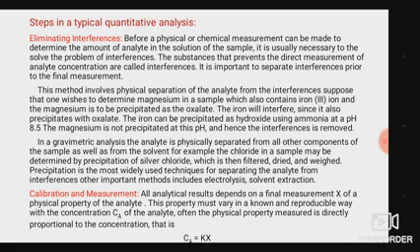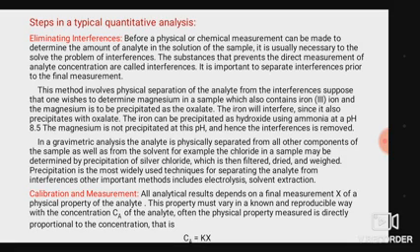Suppose that one wishes to determine magnesium in a sample which also contains iron, and the magnesium is to be precipitated as the oxalate. The iron will interfere since it also precipitates with the oxalate. The iron can be precipitated as hydroxide using ammonia at pH 8.5. The magnesium is not precipitated at this pH, and hence the interference is removed.